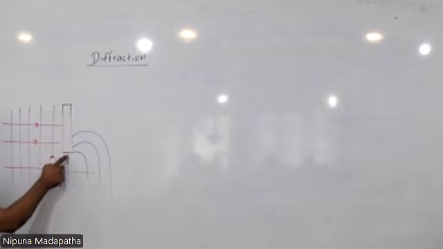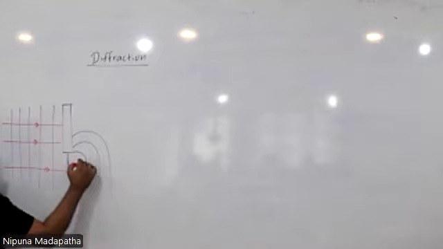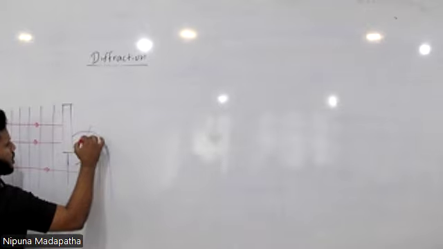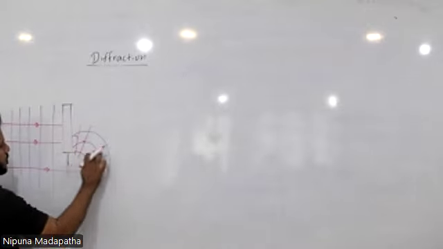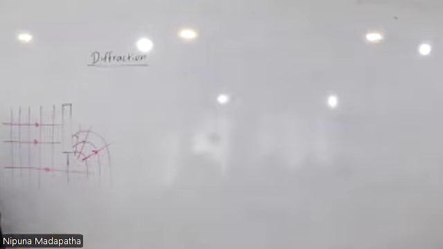When the wave front passes a barrier at the edge of it, it gets spread. The spread wave. So this phenomenon is known as diffraction.